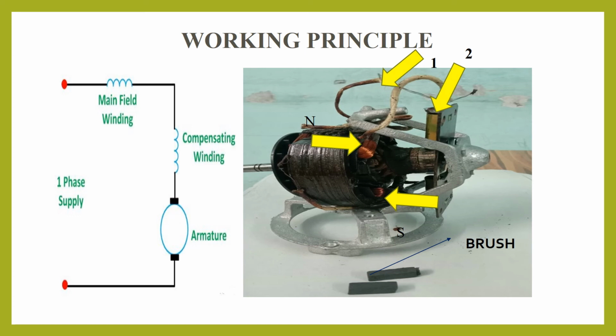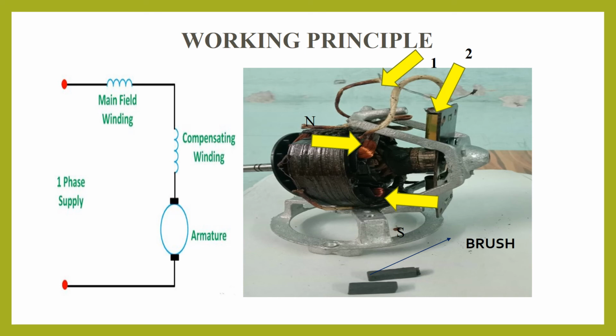So this flux, now you see, this winding is connected in series with your armature, that is the rotating part. Now see, there is a section called 2. This is the brush part, the brush is shown down. This brush will be fitted along with the commutator. In the DC machine, the commutator will rotate, but the brush collects the current from the commutator and gives it to the external circuit.